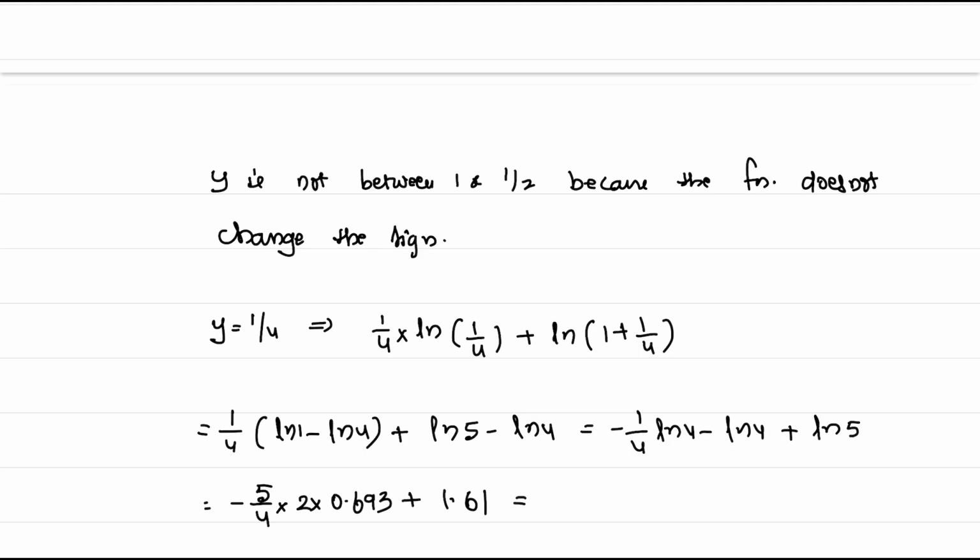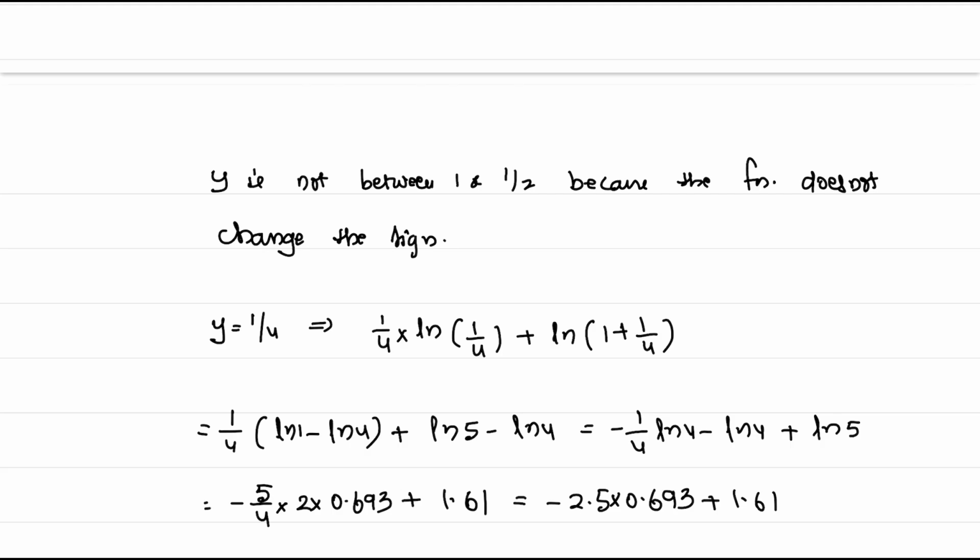You just see 5 by 4 into 2 is 5 by 2. 2.5 into 0.693 minus 2.5 into 0.693 plus 1.61. If you say 0.693 is 0.7, 0.7 into 2.5 is, just cross check the calculation, whether it is changing the sign or not.